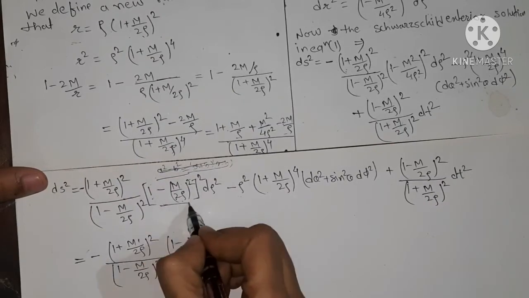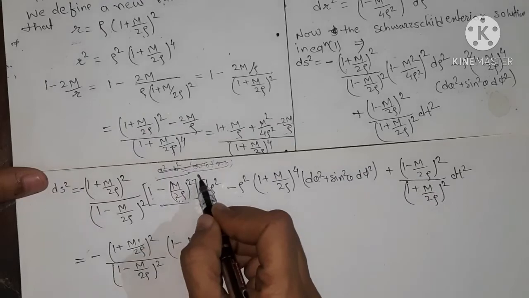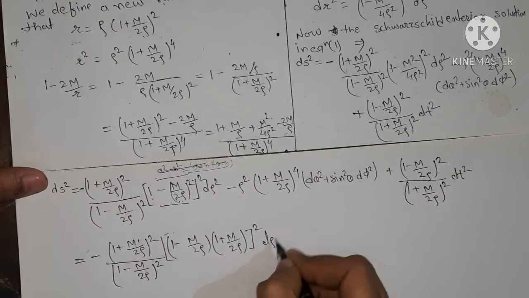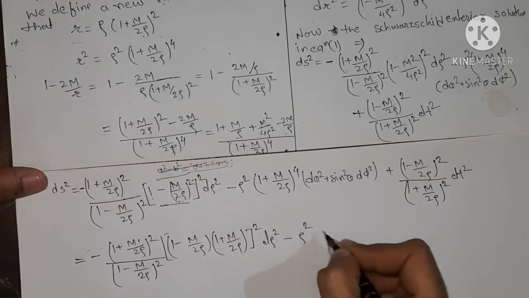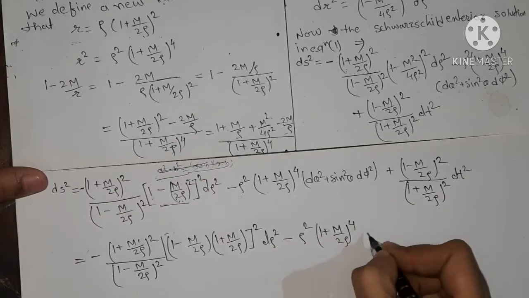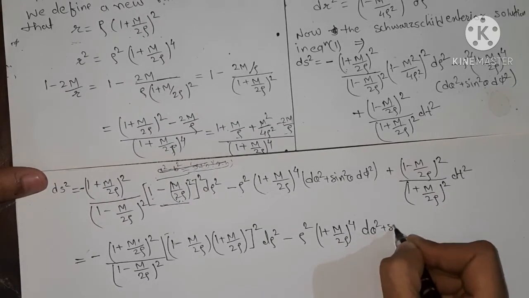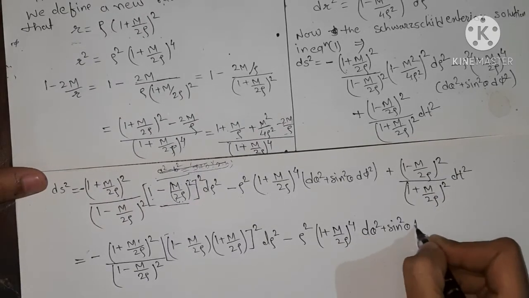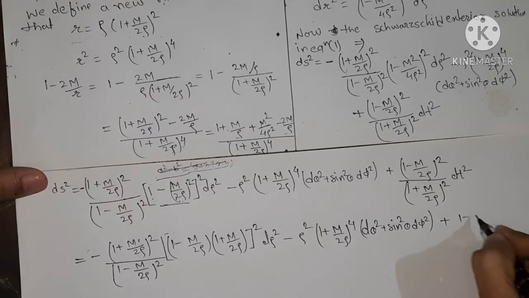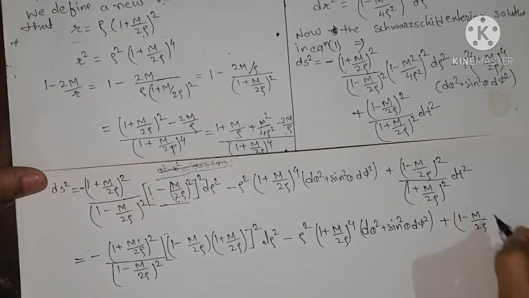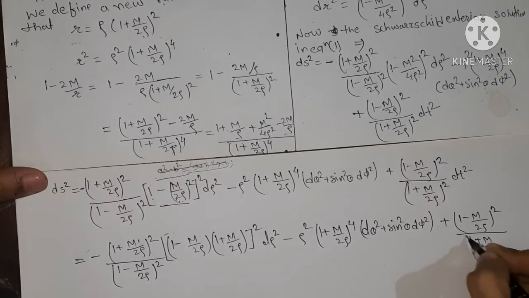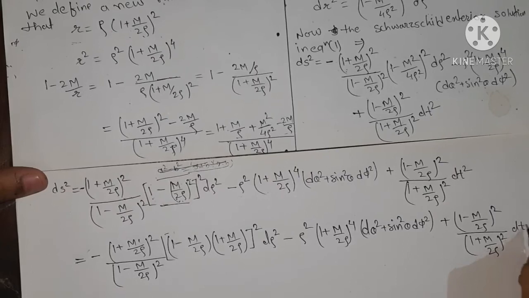This is the formula for a² − b², and the whole bracket squared, dρ² minus ρ²(1 + m/2ρ)⁴ [dθ² + sin²θ dφ²] plus (1 − m/2ρ)² upon (1 + m/2ρ)² dt².